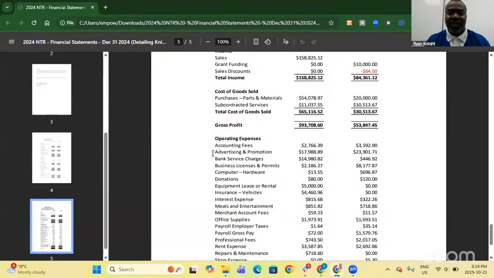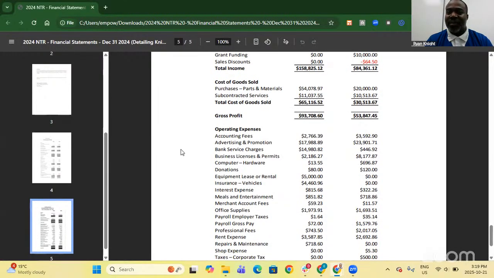Let's say I'm going to my team saying, oh, we spent 17,000 in advertising, break that down for me. It wouldn't show in the income statement, but you would have it in your accounting software where each of the items were. Okay, cool.